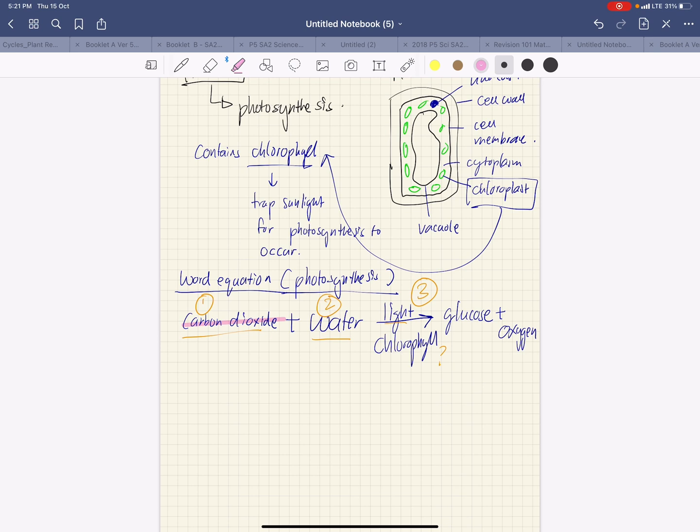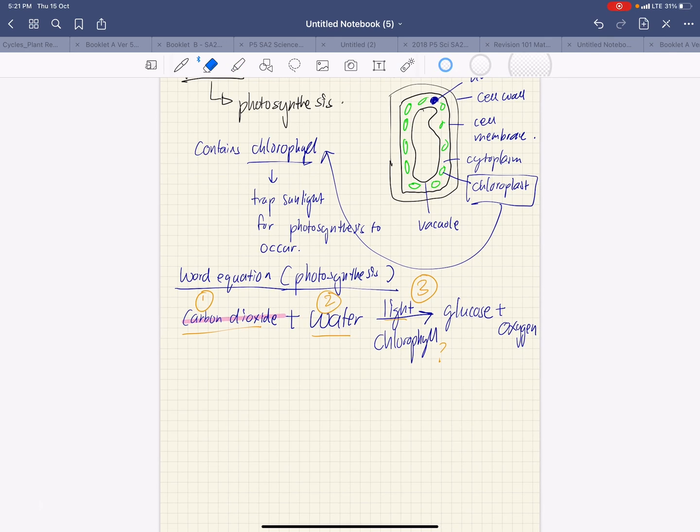For example, let's just say you want to bake a cake. And let's just say with every cake, you need 2 eggs and 100 grams of flour. Okay, so I'm just going to give you a very quick example here. And that is equivalent to 1 cake. Now, I can give you 10 eggs, but only 600 grams of flour.